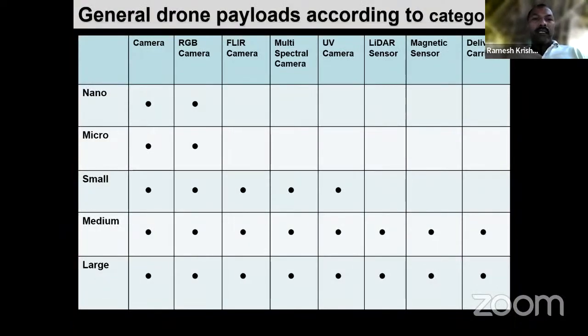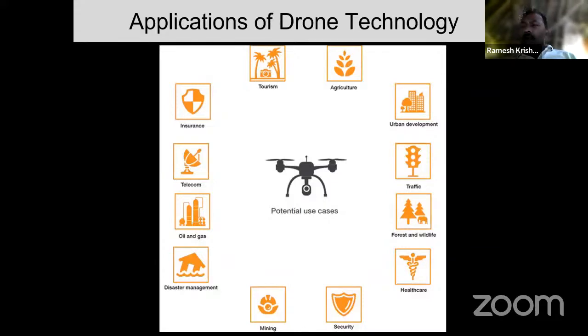I spoke about the general payload because drones have also now been categorized into 5 types: nano, micro, small, medium, and large. I'll tell you what exactly these types are later. But in this slide, you just need to note what each type can contribute. A large type can have everything, medium also, but small, micro, and nano have very different purposes. Drone applications, I think the growth in India has been tremendous.